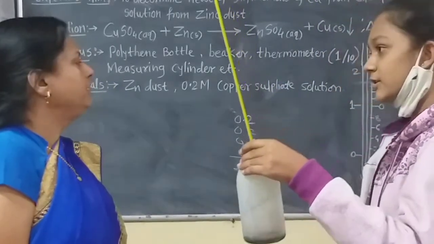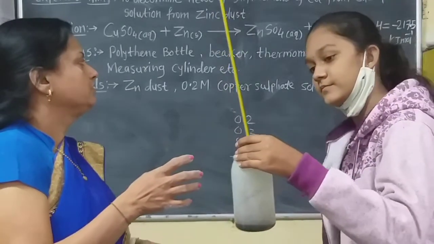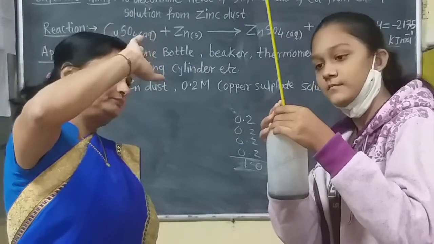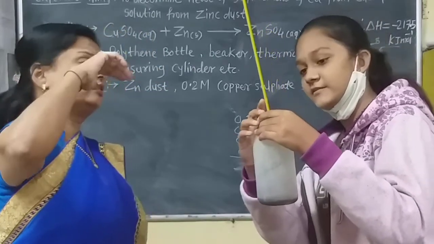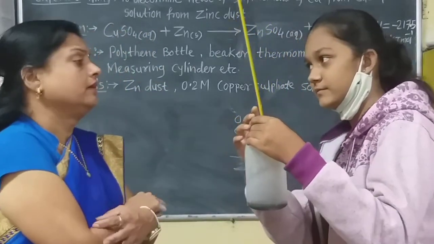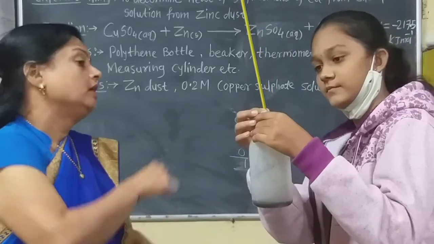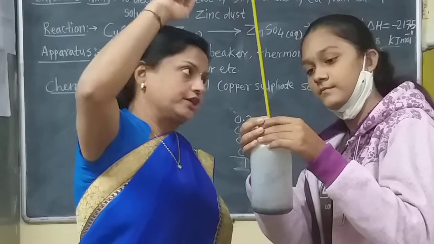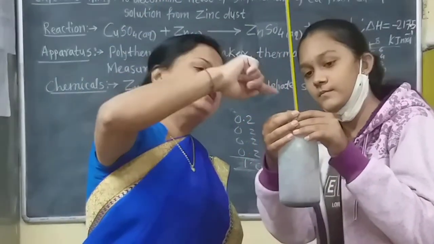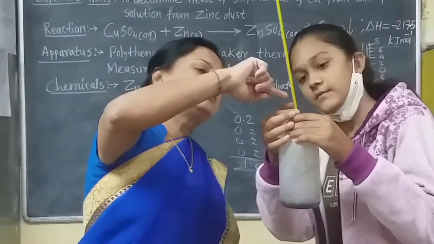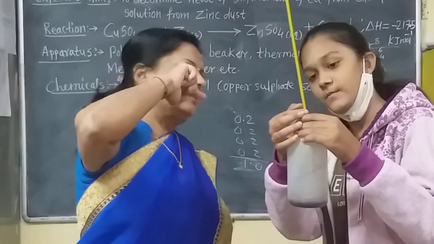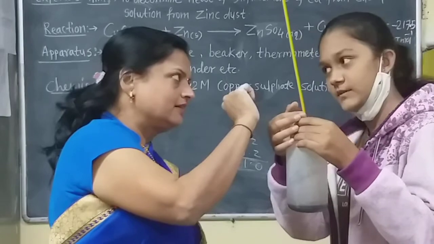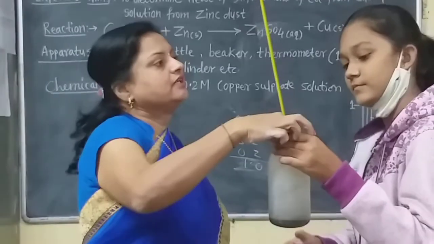9 means, in between 8 and 30, sorry, in between 3.9, that is the mercury is above 30, okay, above 30 degree. On which figure? Between the 8 and 40 there is the 9, that means 39.